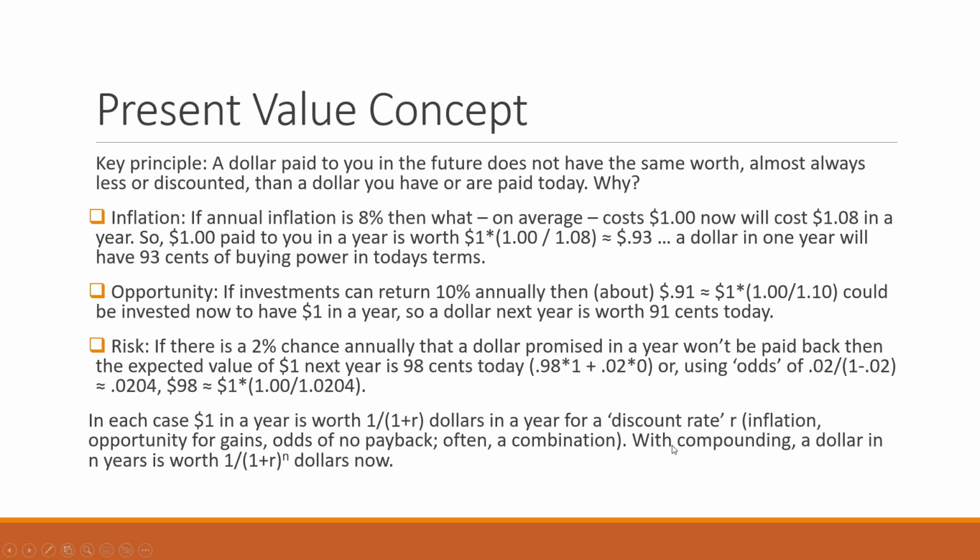And then you should realize that, with compounding, in 2 years that would be 1 over 1 plus R to the second power, because it's now discounted for 2 years. I had a 2% chance of maybe failing in 1 year, and then a 2% chance again of failing in that second year.